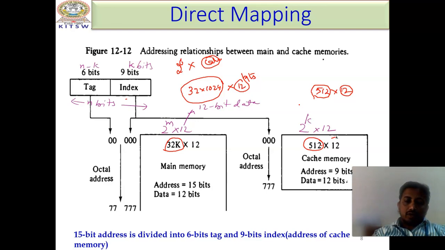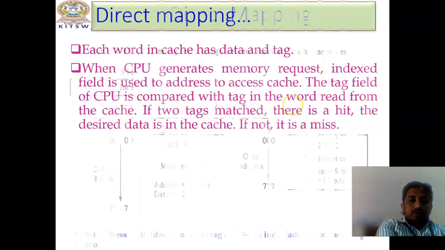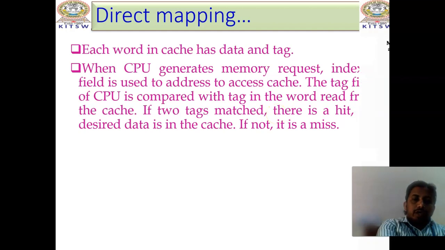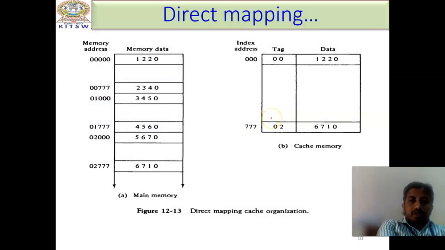So whenever data is called, first the index value is checked, and the tag field on the data, both will be taken into consideration. The concept is that it goes for index addressing, starting with 00 and ending with 77.